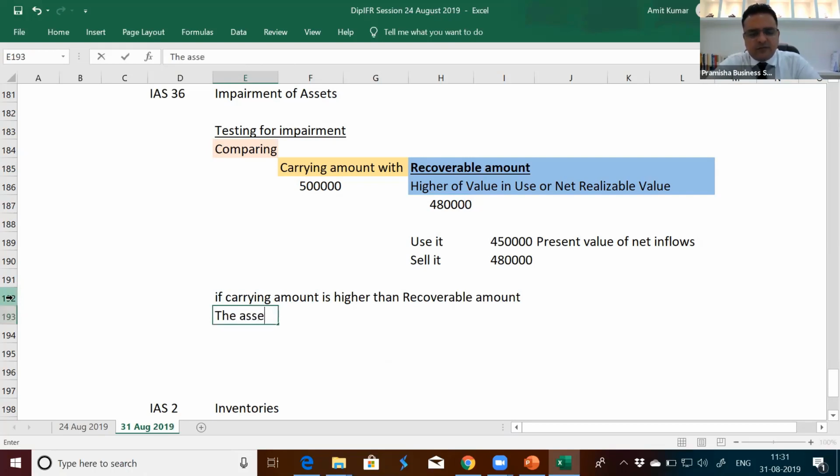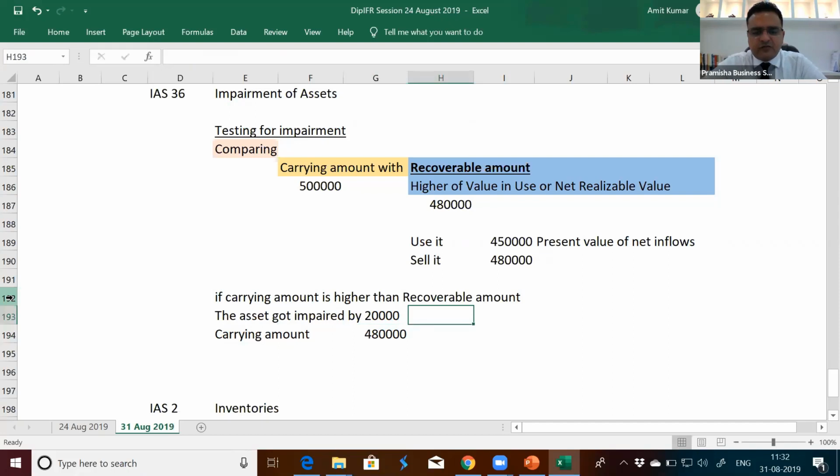The asset got impaired by 20,000, and the new carrying amount becomes, what is the new carrying amount? The new carrying amount is 4,80,000 to be recorded in books, 20,000 in the loss in P&L account. Am I right?